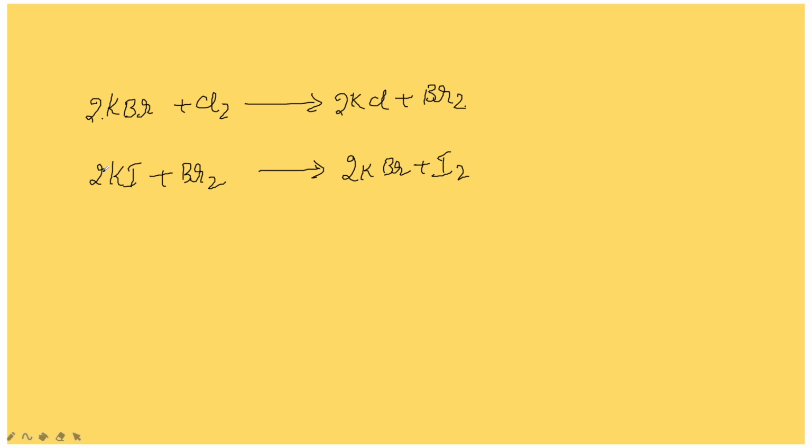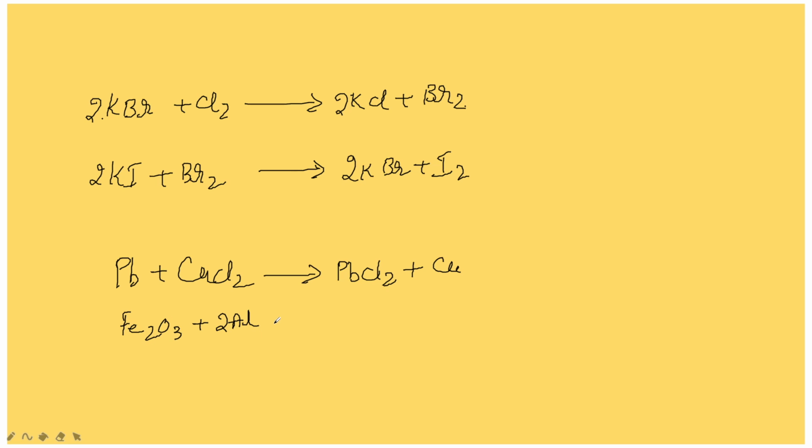Next, some other examples of displacement reaction: lead and copper chloride gives lead chloride plus copper. Next one is Fe2O3, iron oxide, plus aluminium gives rise to Al2O3, aluminum oxide, and iron.